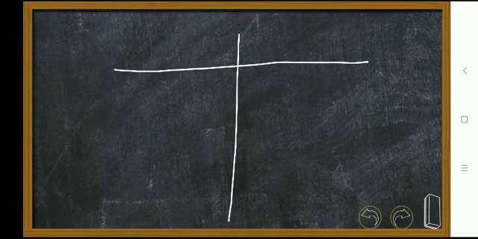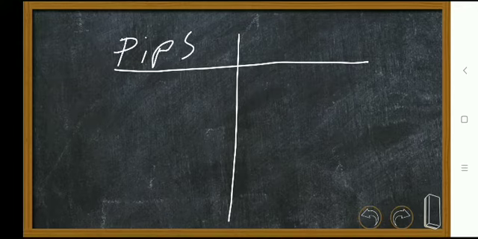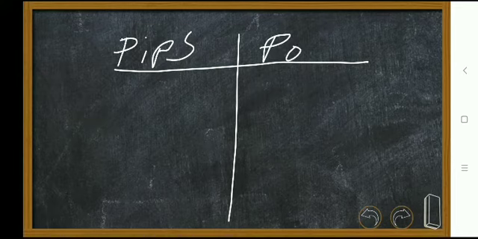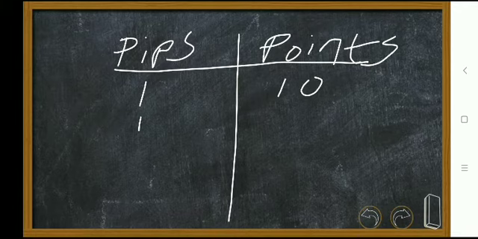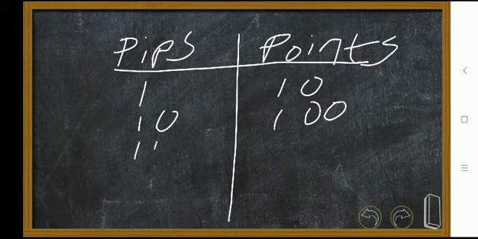So let's go back. Let me just give a further example. Pips and points. 1 pip is 10 points. 10 pips is 100. 100 pips.